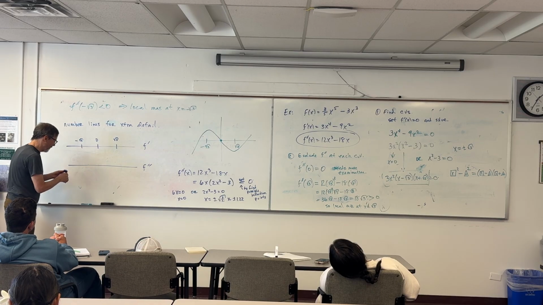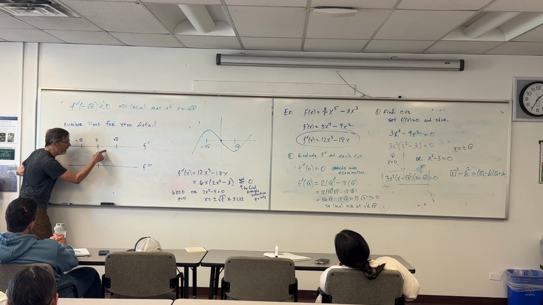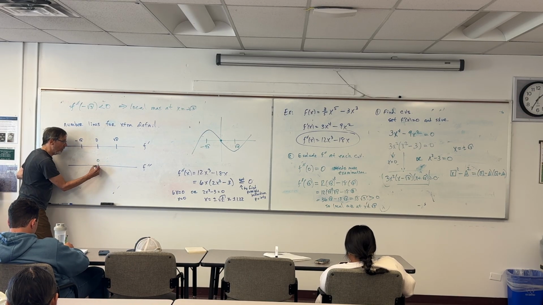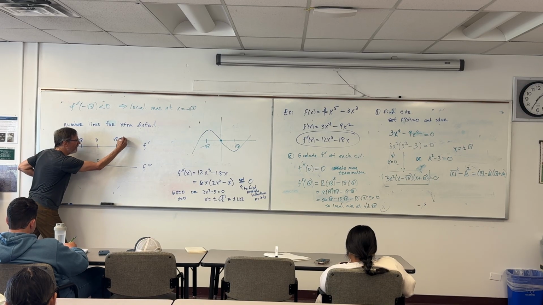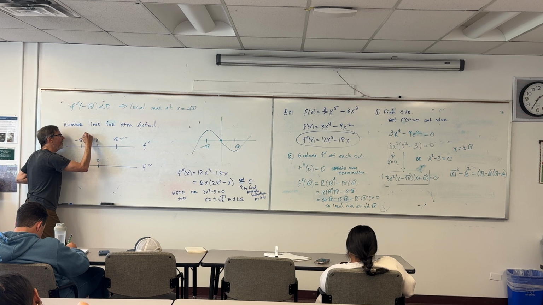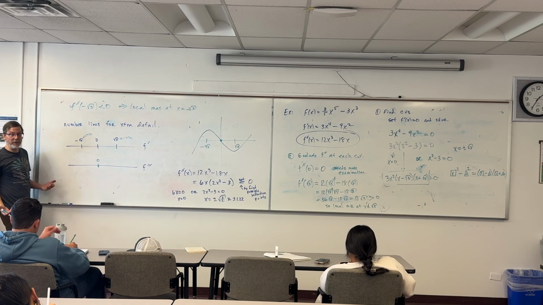So on this f double prime graph, I'm going to mark these off relative to the ones up here. So here's 0, and then this is like 1.732, and this is negative 1.732. Just because I've done square root of 3 a lot in my life.